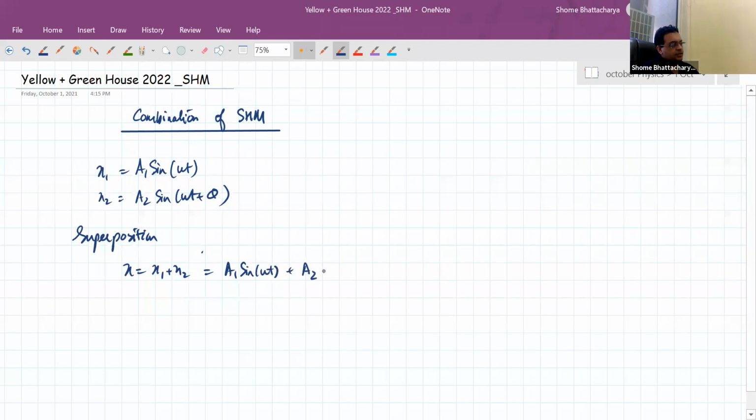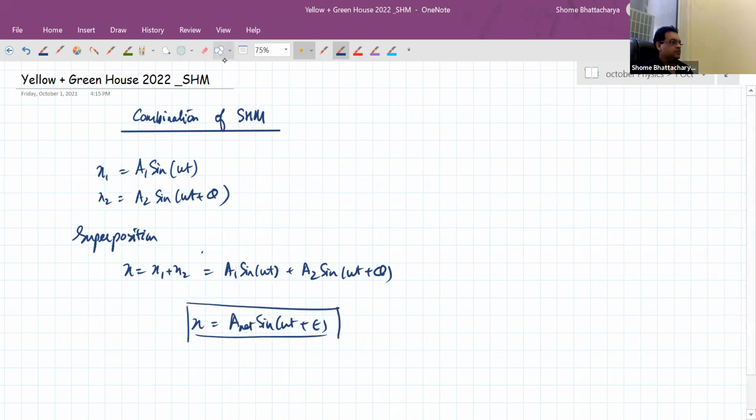If we expand it using trigonometrical identities, we get that it ultimately becomes a net amplitude into sine omega t plus some net phase constant, where the net amplitude can be easily remembered by the Phasor diagram method. If the phase difference between A1 and A2 is phi in radians, then the net amplitude becomes like the third side of a triangle, just like the vector addition triangle.